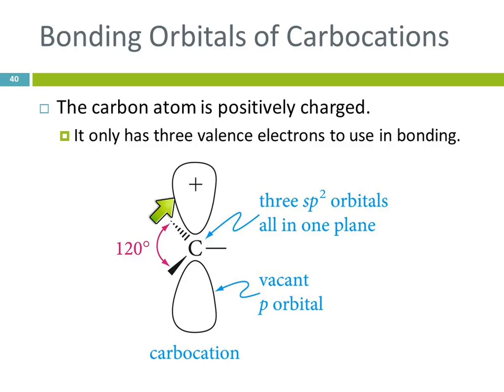This p orbital overlaps to form the pi bond. And when it becomes a positively charged carbocation, it has lost the electron from its pi orbital. And so we've got these electrons all in a plane in their sp2 orbitals, and then we've got this empty p orbital.